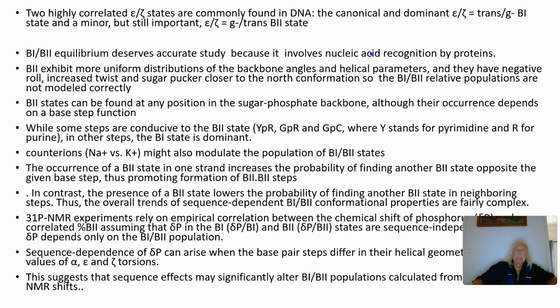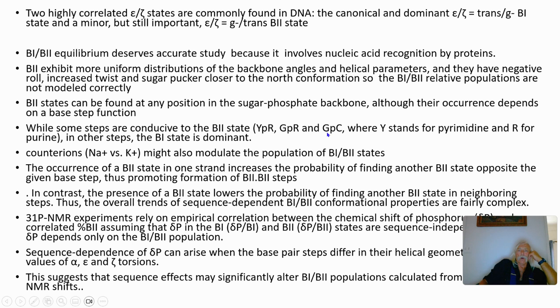Okay? So some of the reasons: B2 states can be found at any position in the sugar phosphate backbone, but their occurrence depends on a base step function. That means one base on top of another. Okay? Think about where those torsion angles were. Some steps are conducive to the B2 state.